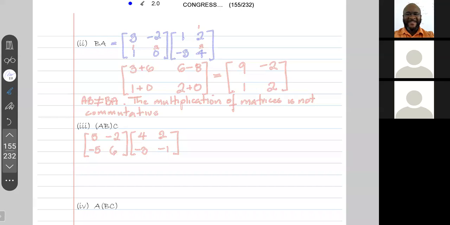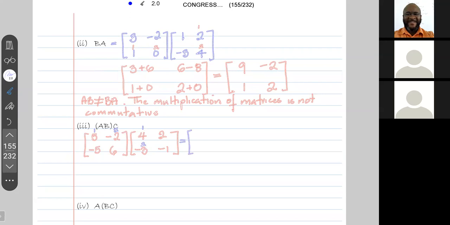All right, so AB times C, we're multiplying two matrices. So when we're multiplying two matrices, we multiply the rows of the first matrix by the columns in the second matrix. First element in the row, first element in the column. Second element in the row, second element in the column.